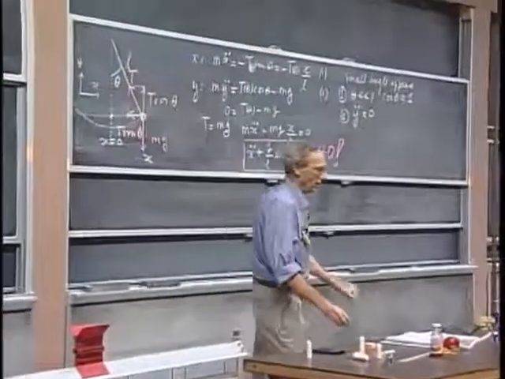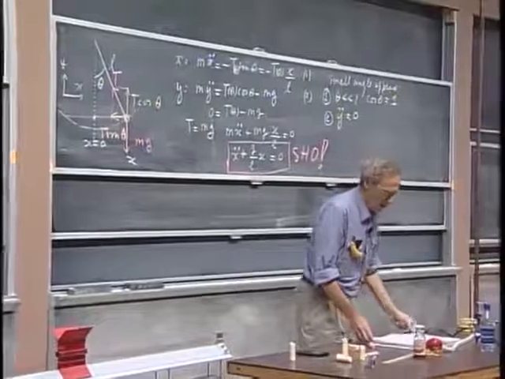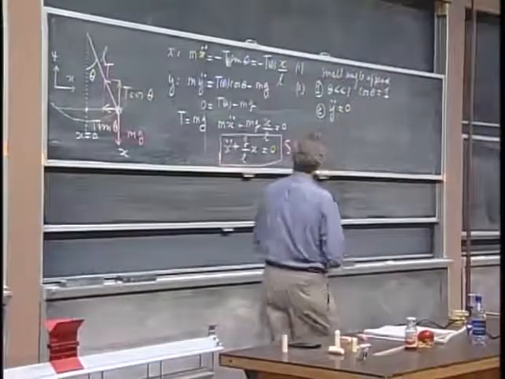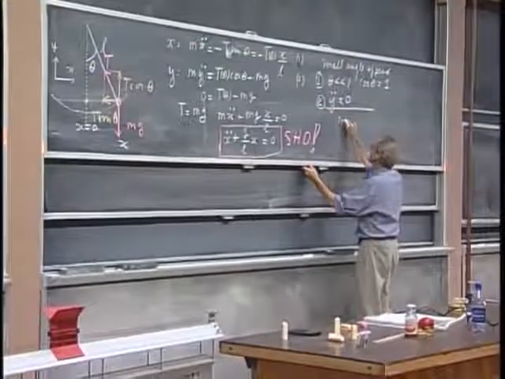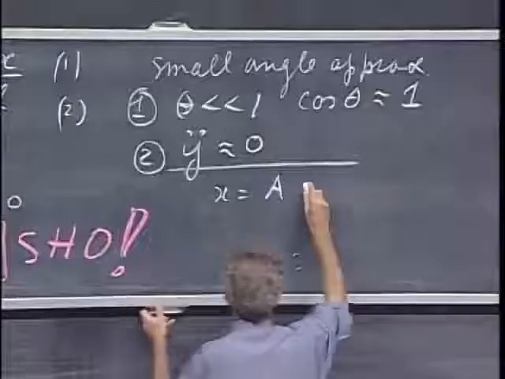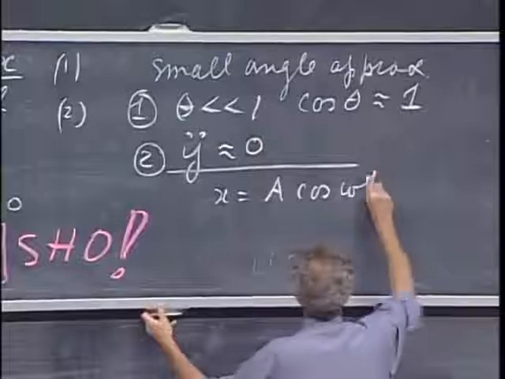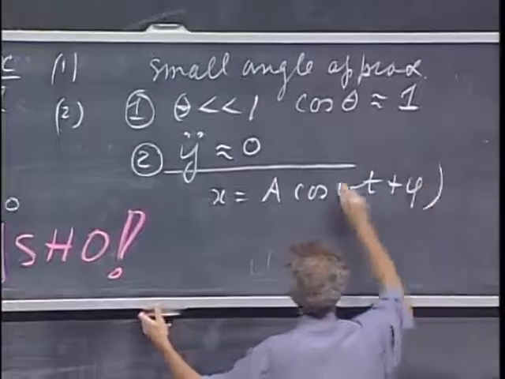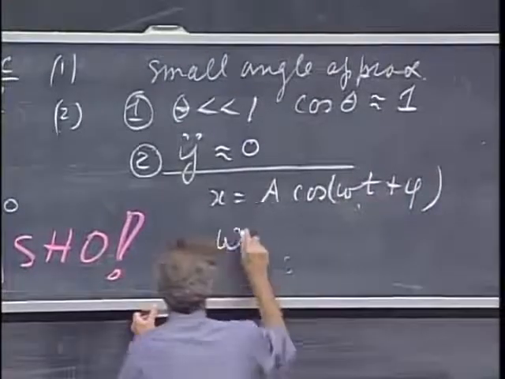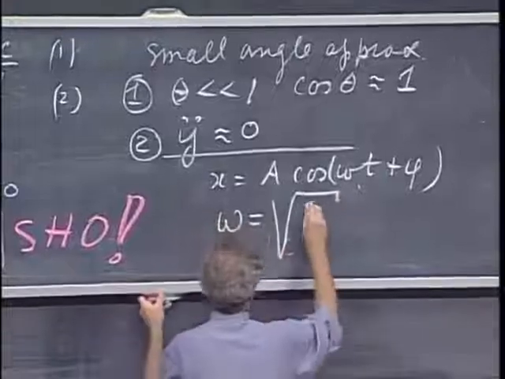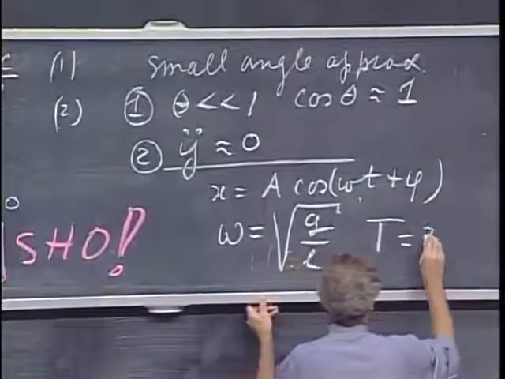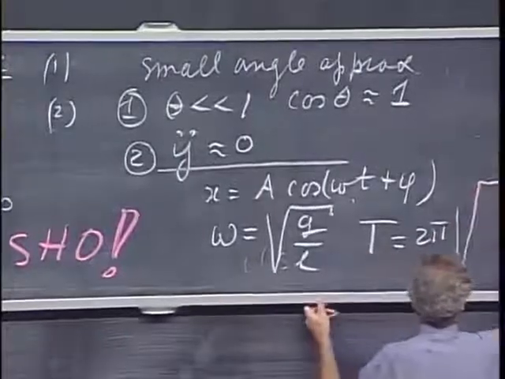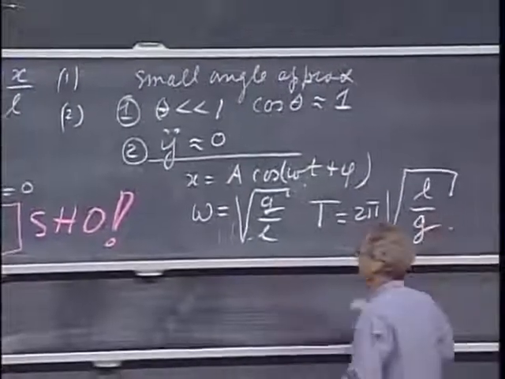Other than that, there is no difference. So you can write down immediately the solution to this differential equation. x will be some amplitude times the cosine of omega t plus phi, just as we had before, and omega will now be the square root of g over L, and so the period of the pendulum will be 2 pi times the square root of L over g.